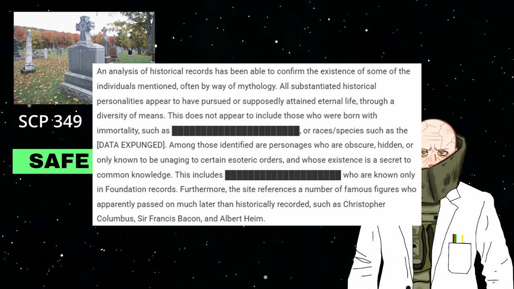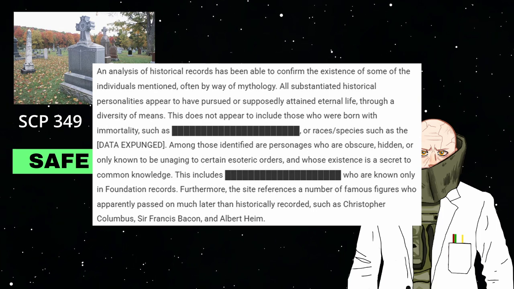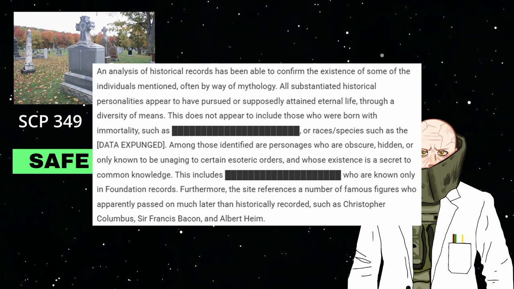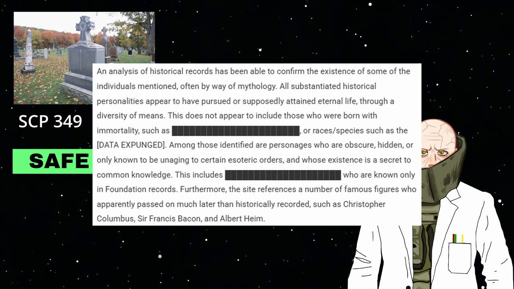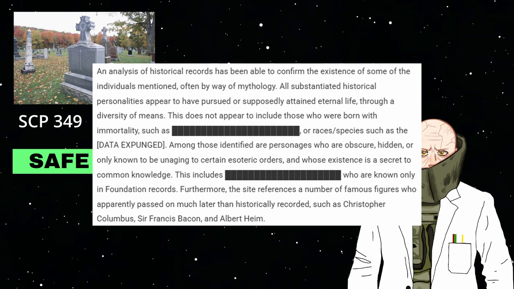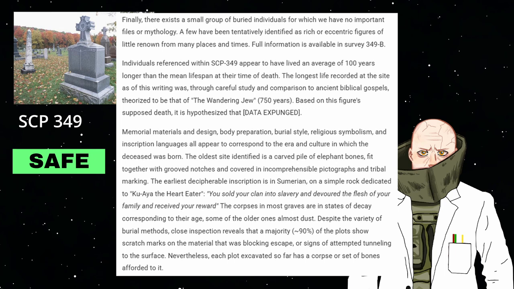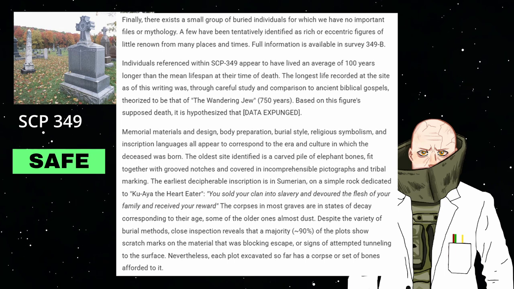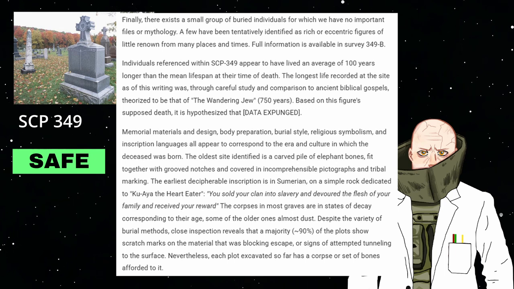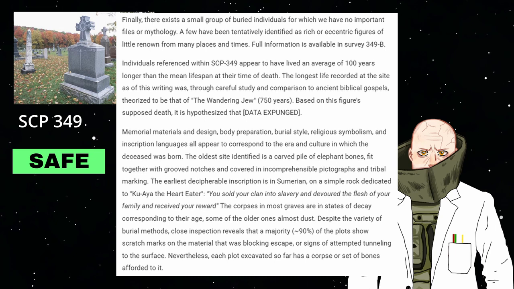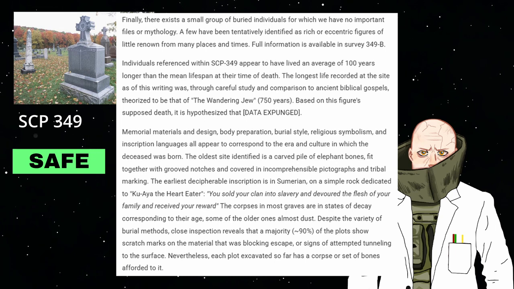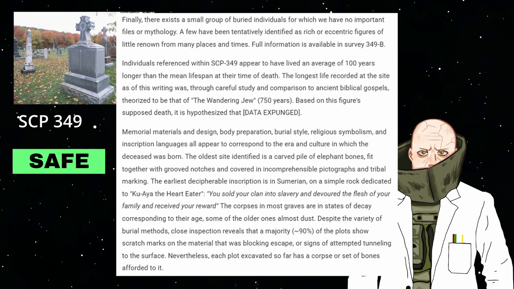Furthermore, the site references a number of famous figures who apparently passed on much later than historically recorded, such as Christopher Columbus, Sir Francis Bacon, and Albert Heim. Finally, there exists a small group of buried individuals for which we have no important files or mythology. A few have been tentatively identified as rich or eccentric figures of little renown from many places and times.